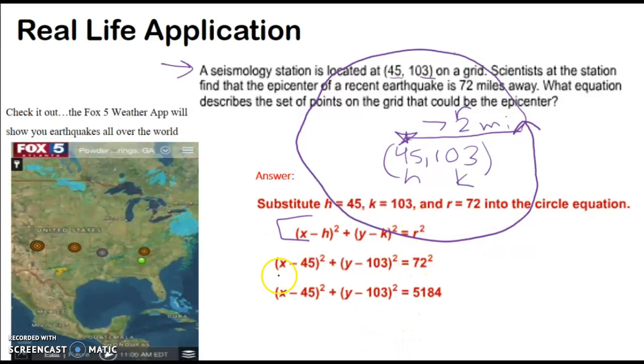You plug them in: (x minus 45) squared plus (y minus 103) squared equals 72 squared, so we square the 72 to get 5,184. This is a really cool way that circle equations are actually used in real life. That would be how we could find the set of points where the earthquake could be located.